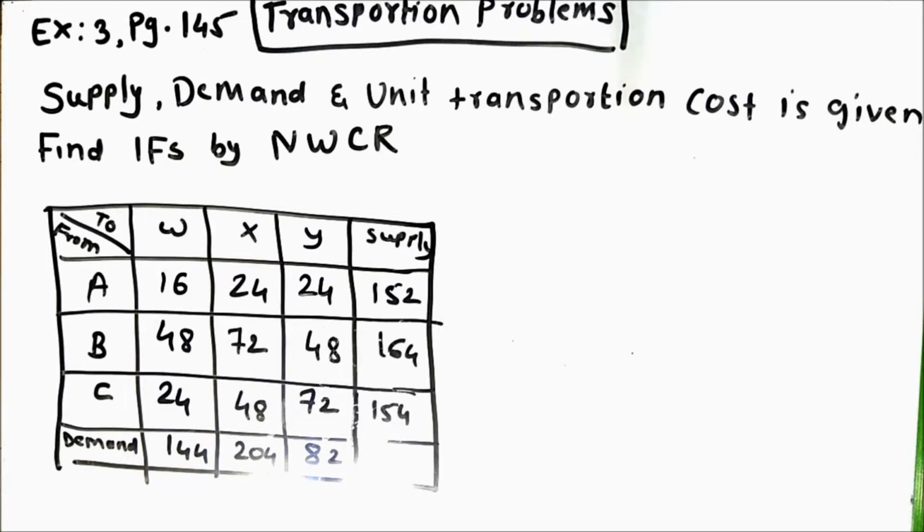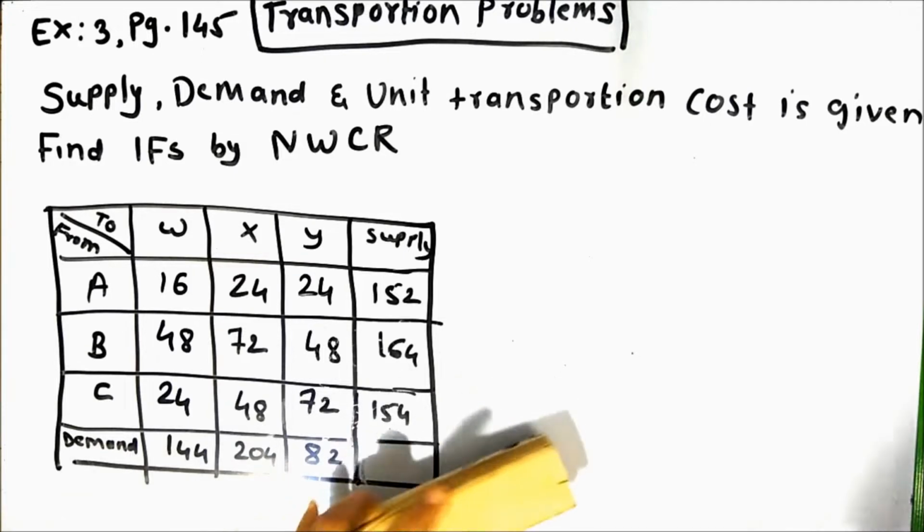If the words profit, sales and revenue are mentioned, then the problem will be of maximization. So here in this particular question, transportation cost is mentioned. Below, the table is given in which the transport cost from A, B, C to W, X, Y is given. So let's solve this question.